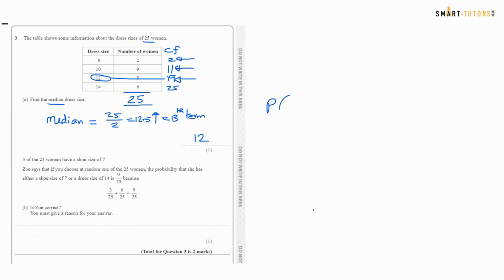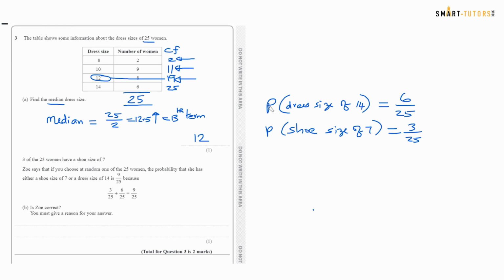Let's find out probability of dress size of 14. So probability of dress size of 14 means out of 25 people according to the table is 6. Probability of shoe size of 7 is they have given 3 upon 25.